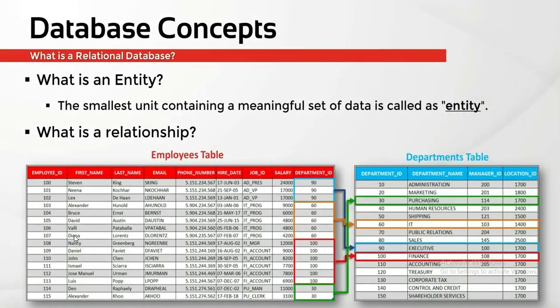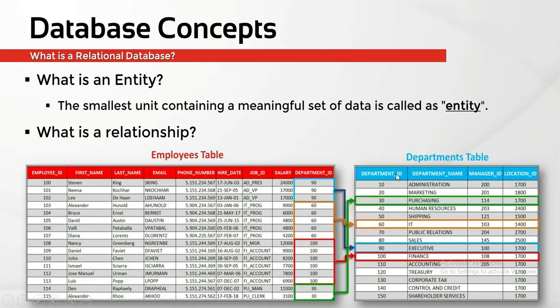Then what is an entity? The smallest unit containing a meaningful set of data is called an entity. For example, in the employees table and the departments table we have column names. These column names are nothing but entities, because they are the smallest unit in a table containing a set of data.